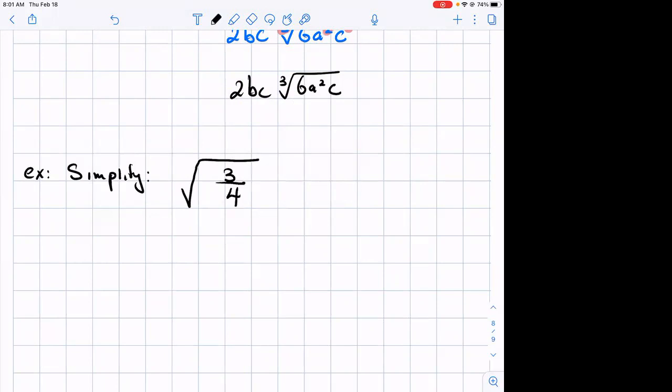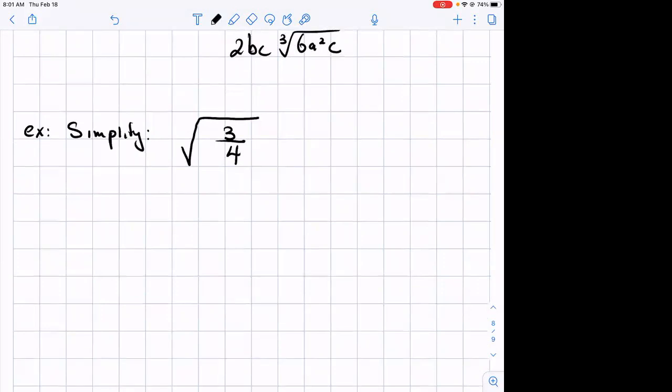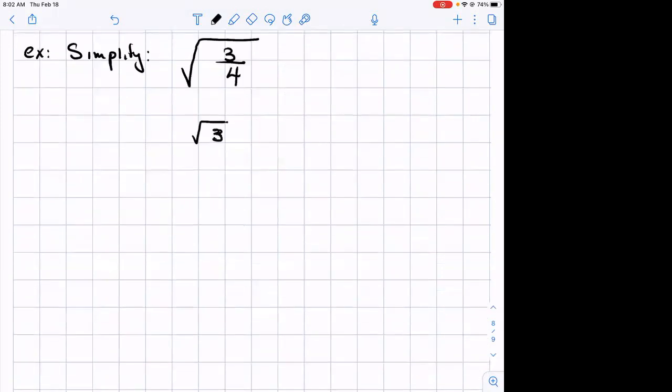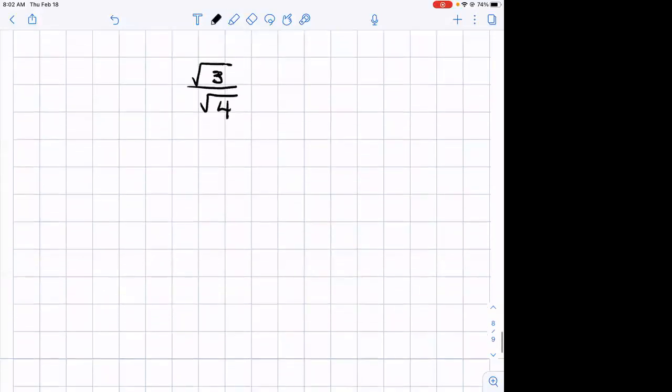Now, using the property, this can be rewritten as the root of 3 divided by the root of 4. And we don't know the root of 3, so that stays as the root of 3. But notice that 4 is a perfect square, and the square root of 4 is 2.